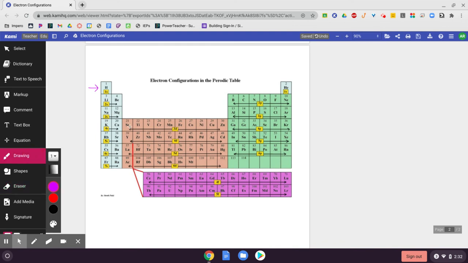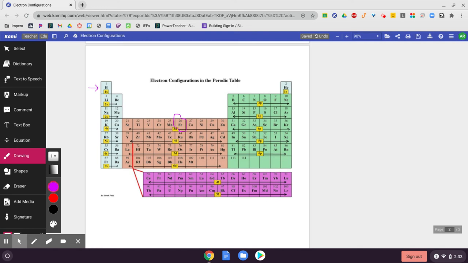Let's say that I want to look at iron. Iron is atomic number 26, so I'm going to have 26 total electrons in my final electron configuration. But we always start in row 1 at the top.